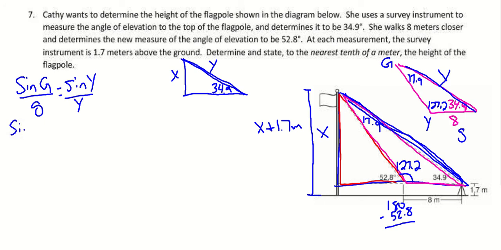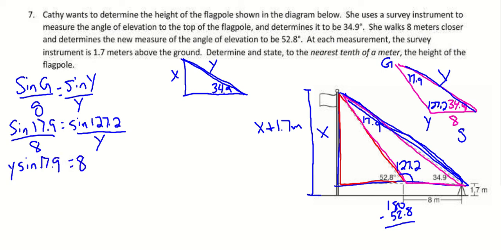The sine of the 17.9 degree angle over 8, which is the ground, is equal to the sine of 127.2 over Y. Cross multiply: Y times the sine of 17.9 is equal to 8 times the sine of 127.2.